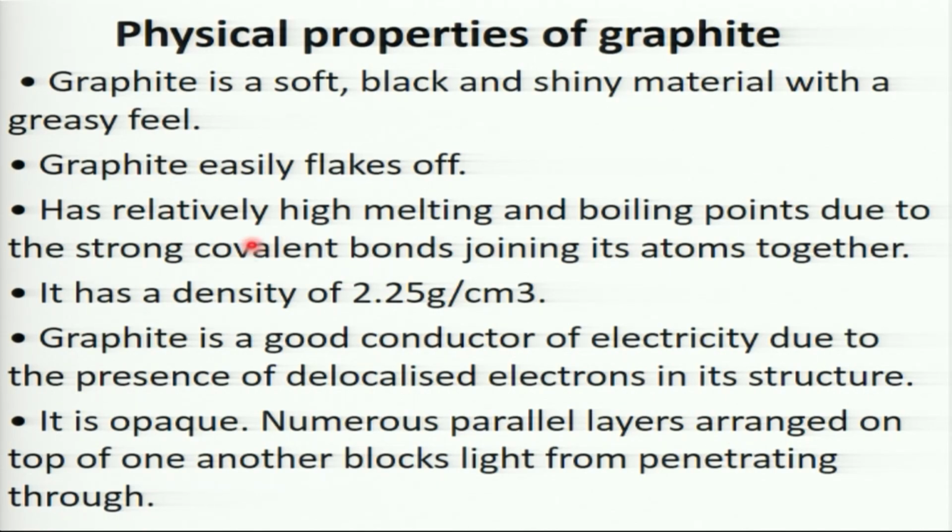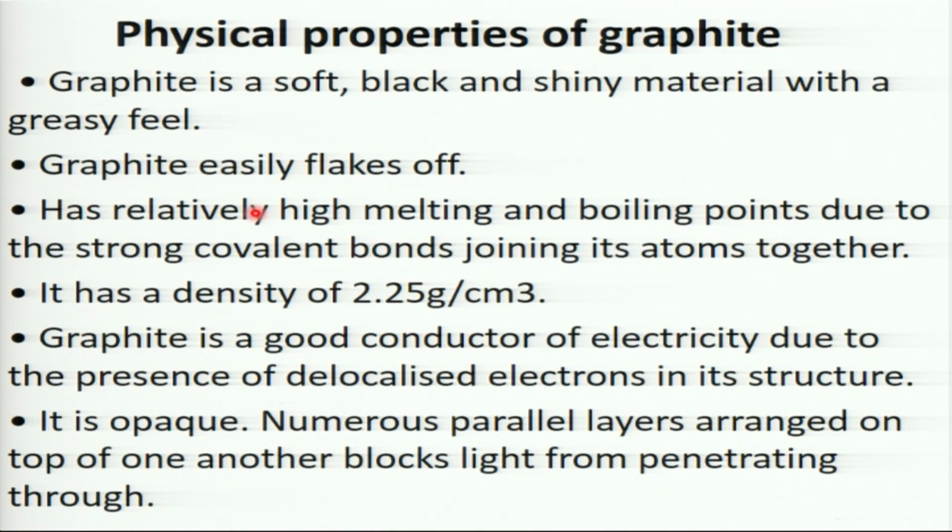It has relatively high melting and boiling points due to the strong covalent bonds joining the atoms together. Yeah, I said this. Like diamond, being the hardest substance due to the covalent bonds between carbon atoms, the carbon atoms in graphite are also joined by strong covalent bonds, which gives it relatively high melting and boiling points, but not as high as those of diamond.